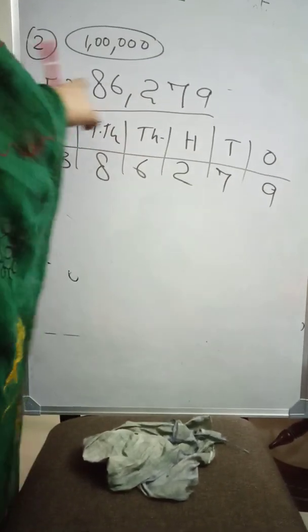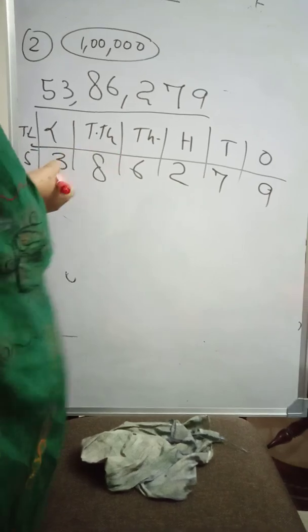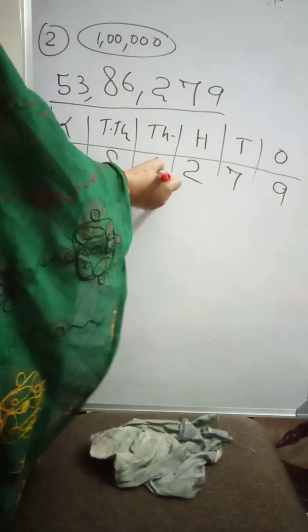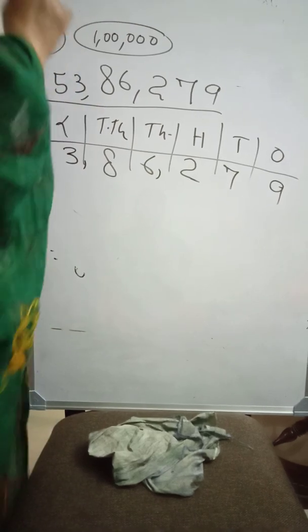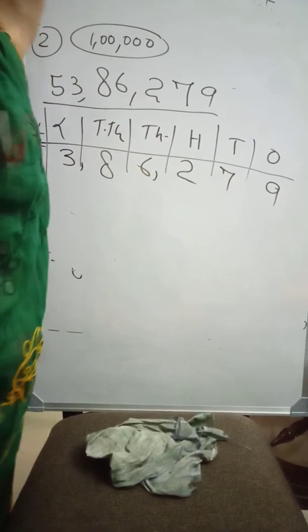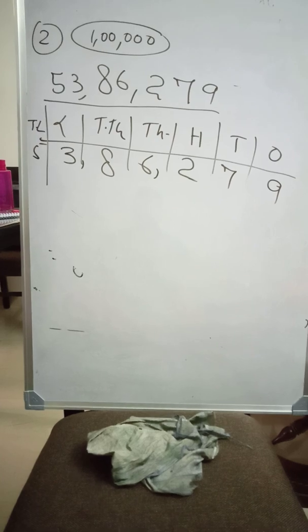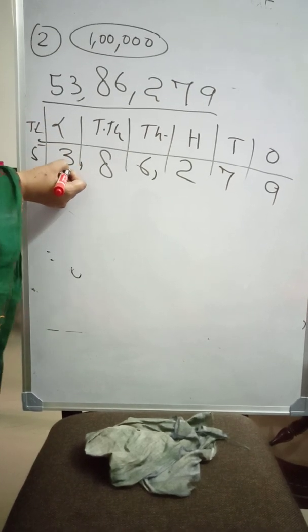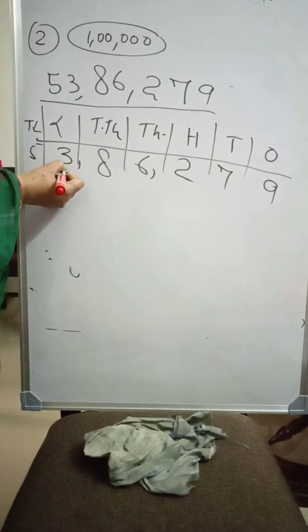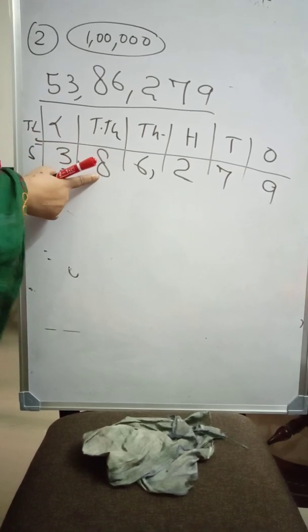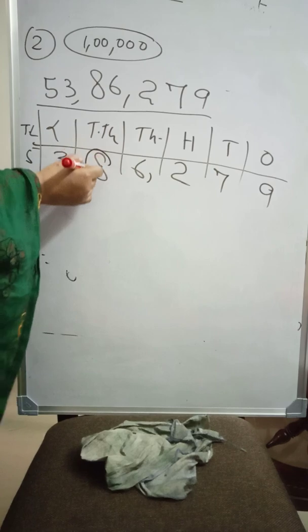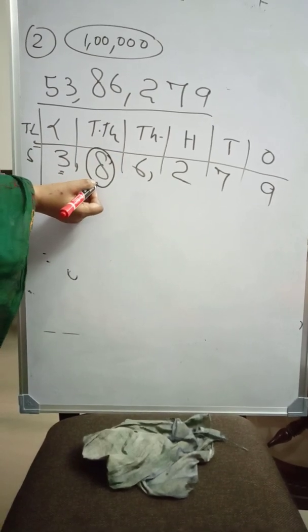The place values of these digits. How will you read it? 53,86,279. You have to round off to the nearest 1 lakh. Right? So what will you do? Whenever we have to round off to the nearest lakh, we will look at the digit at the 10,000 place. And here the digit at the 10,000 place is 8.